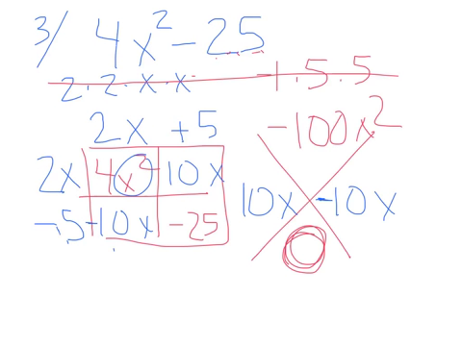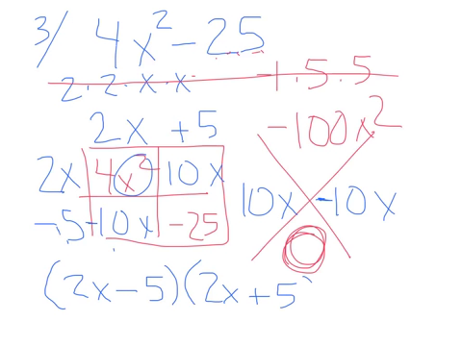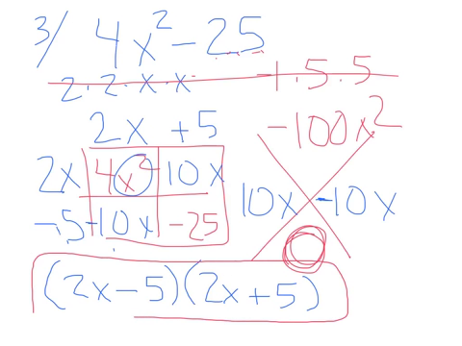And there's your answer: 2x minus 5 and 2x plus 5. There are my answers. 2x minus 5 times 2x plus 5. How did you do?